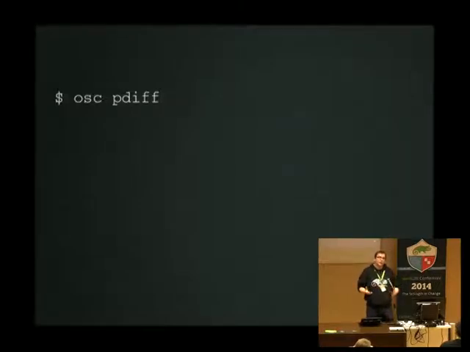When you are in your branch and you want to see the difference with the package, you had to type this long command like osc rdiff, old project, name of package, and your project, and it gets quickly painful. And pdiff is just a short way to say, give me the diff between my package and where it comes from. It's very handy, you just type that and you have the diff.